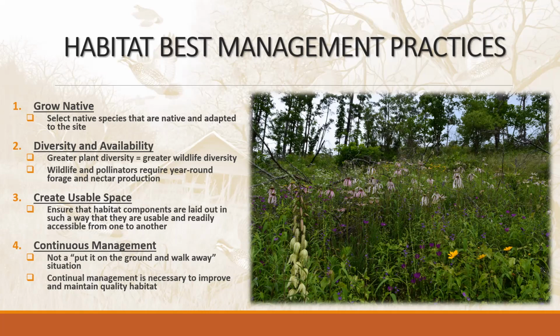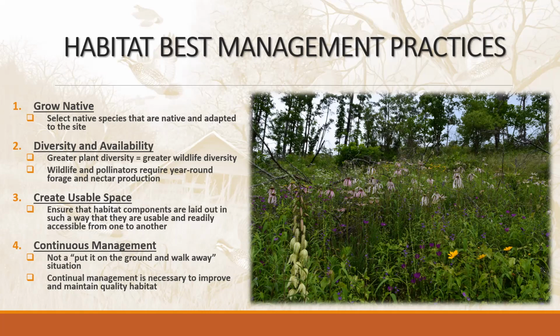Creating usable space. We want to make sure that the habitat components we discussed are laid out in a way where wildlife can readily use them and access them from one site to another. For example, in Arkansas, I worked for years in the Ozarks, and one big issue we were seeing was habitat fragmentation. We would have great areas of native grasses and flowers that were great for wildlife to utilize, but they were surrounded by unmanaged forest lands.